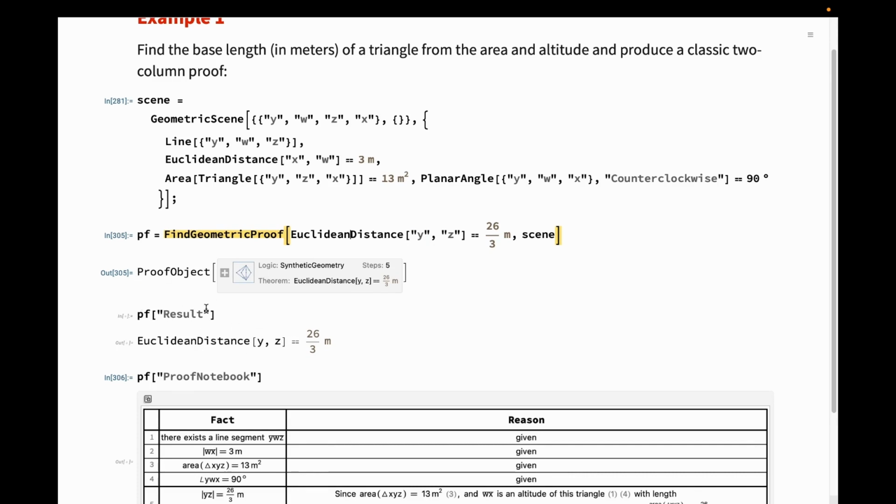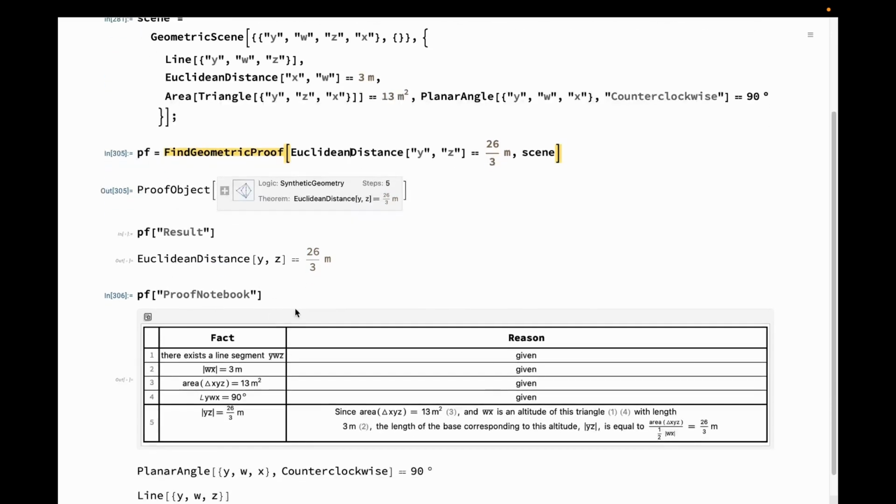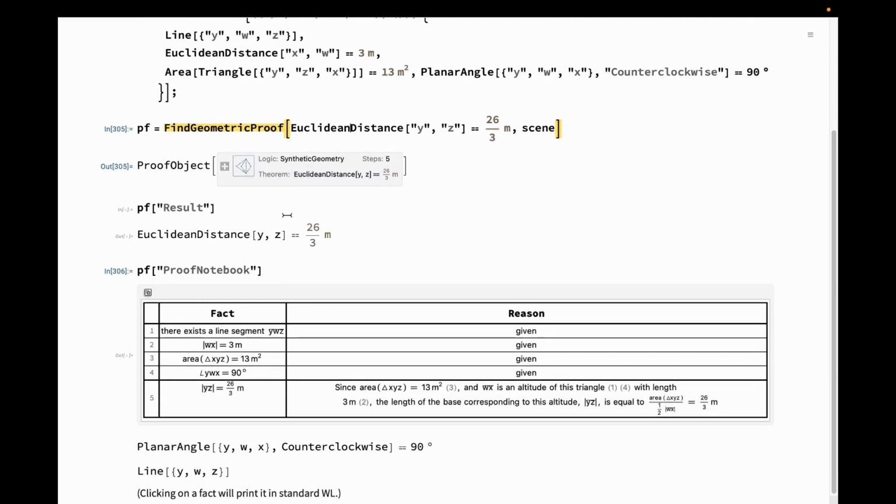We can ask for the result property, and we get that exact distance fact in this case. And the proof notebook, here we see this kind of two-column proof. Each fact is numbered, it's given a reason, and each reason references previous facts by number.